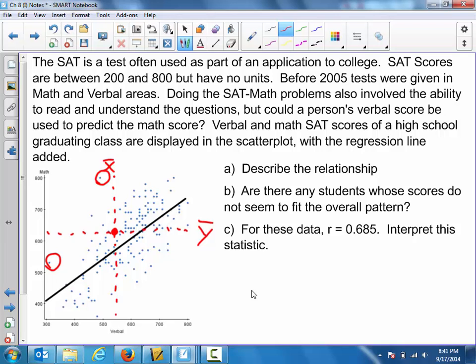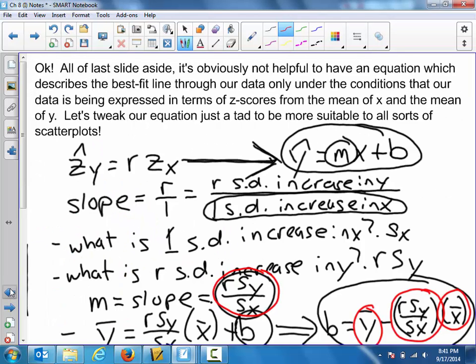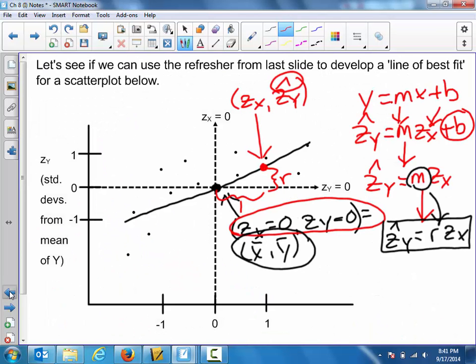Interpret this statistic. Well, I can tell you right now, anytime on the AP exam or in the textbook they're asking for you to interpret r, they are looking for almost exactly the following.